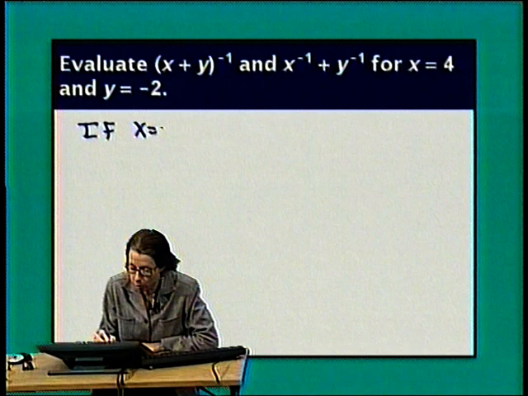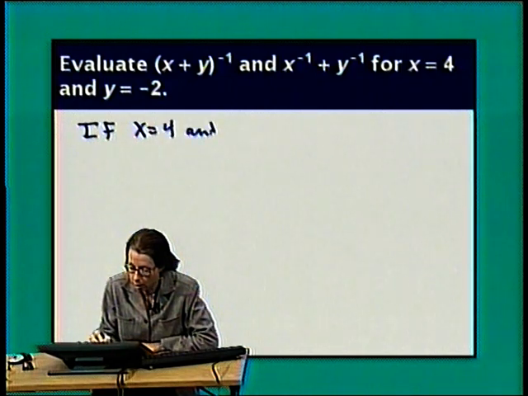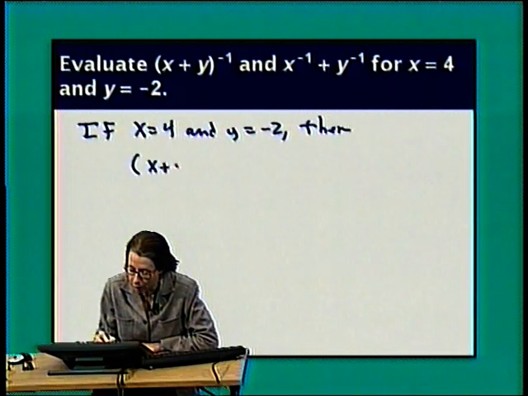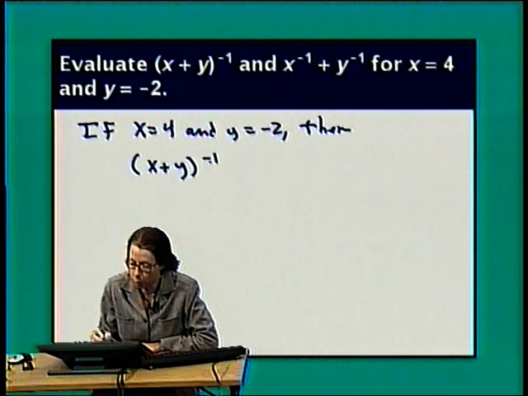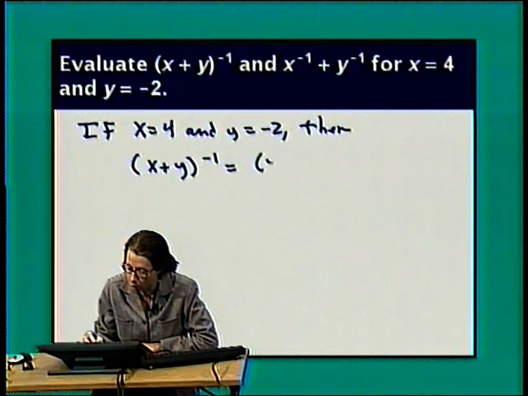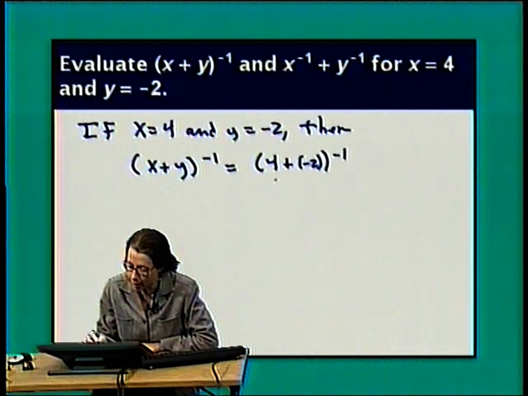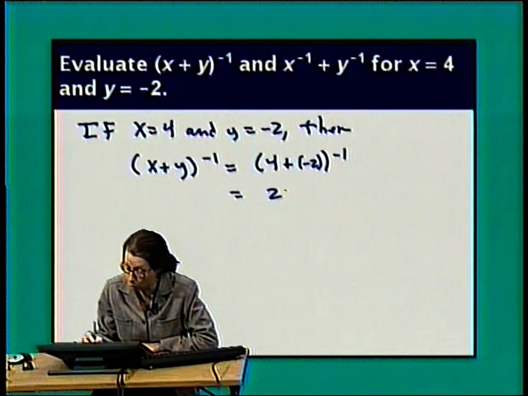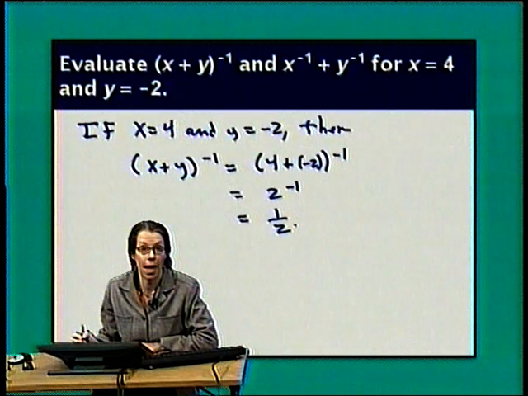So, if x equals 4 and y equals -2, then let's look at the reciprocal of the sum. X plus y to the -1 power, that's 4 plus -2 to the -1. 4 plus -2, that is 2 to the -1, and the reciprocal of 2 is 1/2.